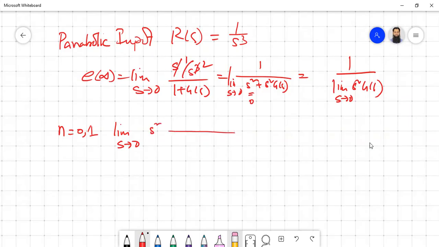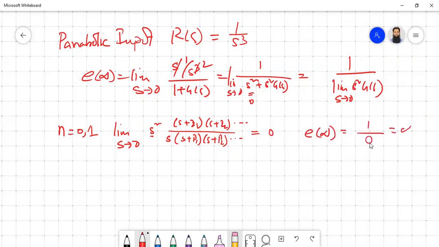So in case of 0, it will have s plus z1, s plus z2, then you have s plus p1, s plus p2 goes on. So if s equal to 0 or 1, always this one will be dominant. So basically, the value will be 0. So your steady state error will be 1 by 0, that is infinite.